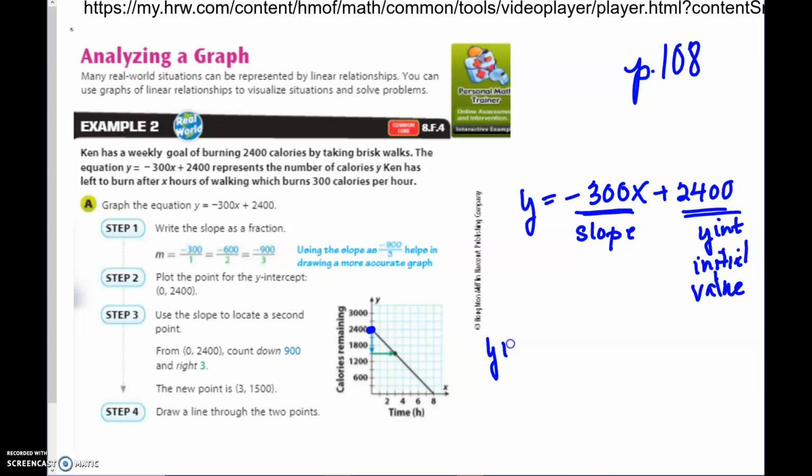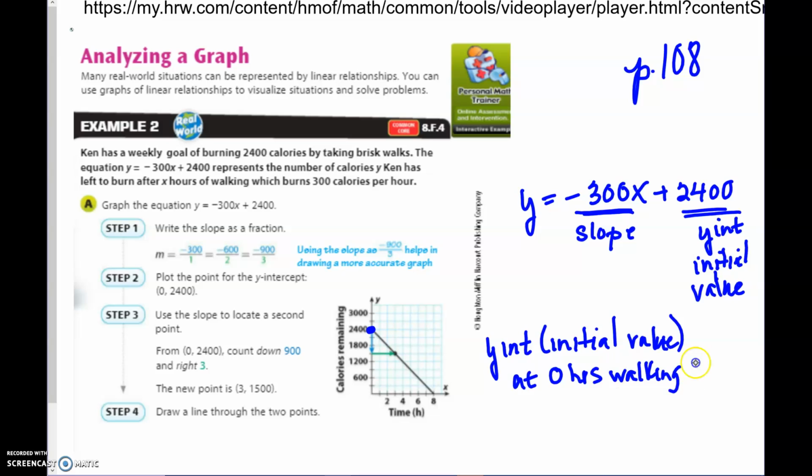So the y-intercept, or the initial value, what that means is that Ken has, at 0 hours of walking, 2,400 calories left to burn.